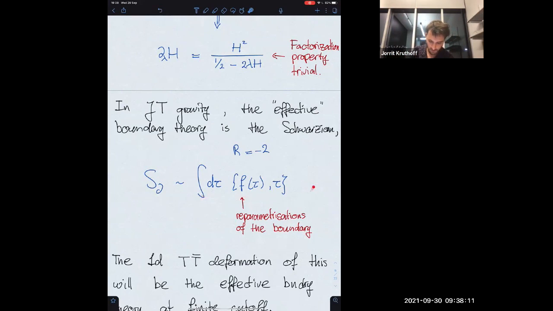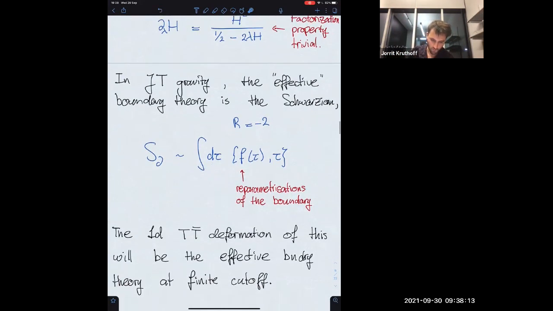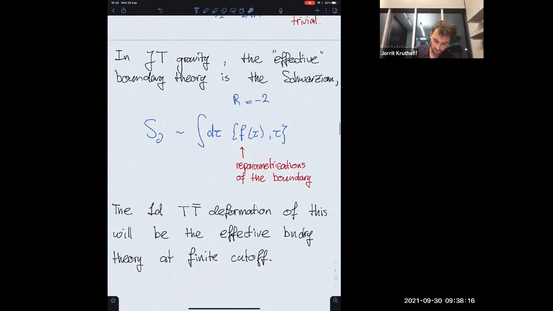So this is the boundary action, and what I now want to do is consider the TT-bar deformation of this action, because the TT-bar deformation of this Schwarzschild action should be the effective action of JT gravity at finite cutoff.